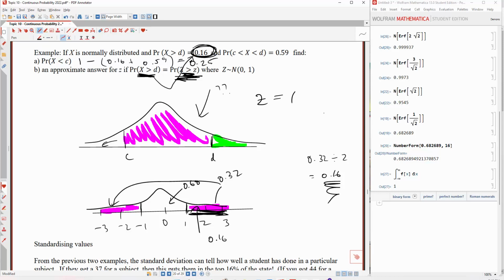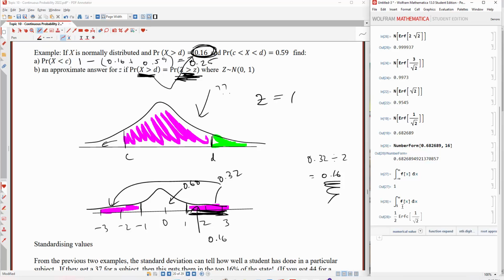Let's just test it. This is still the standard normal distribution. I'm going to leave positive infinity there and put the number 1 here, and the answer should be roughly 0.16. Yep, rounded to 2 decimal places, it is.